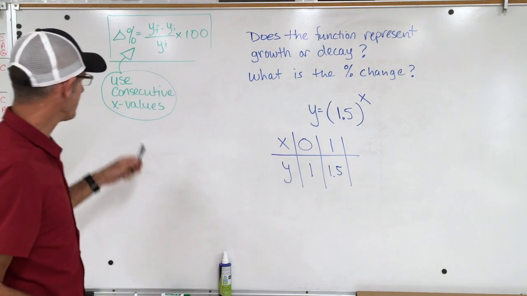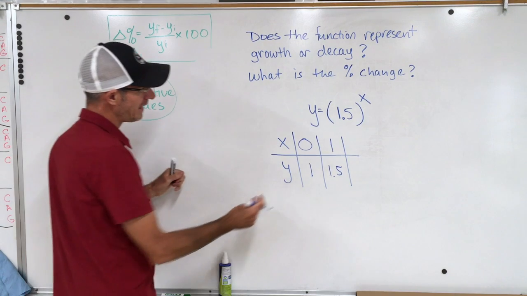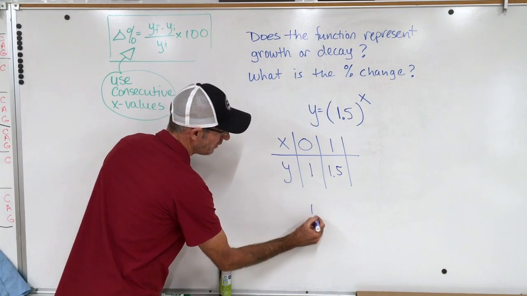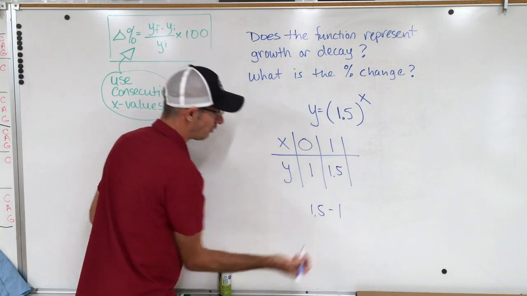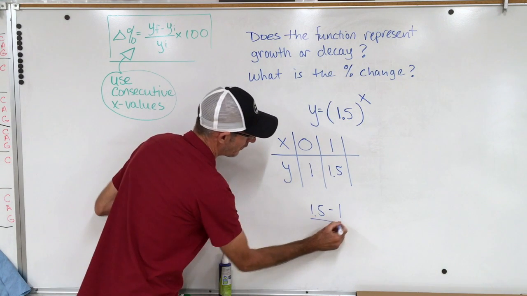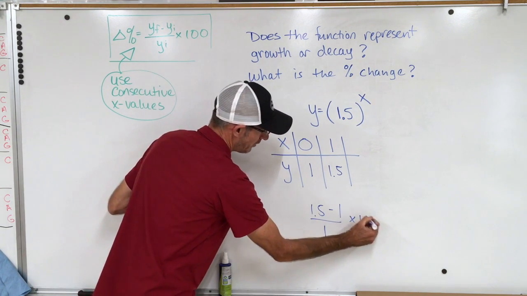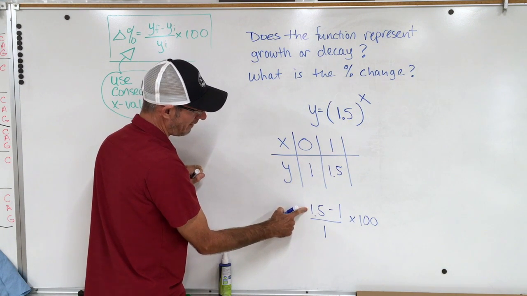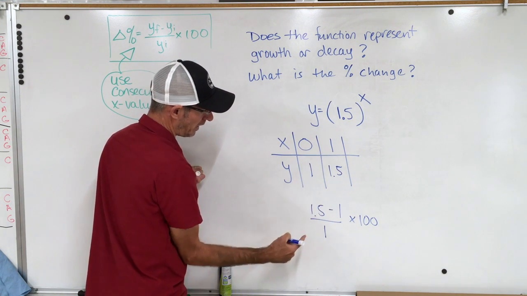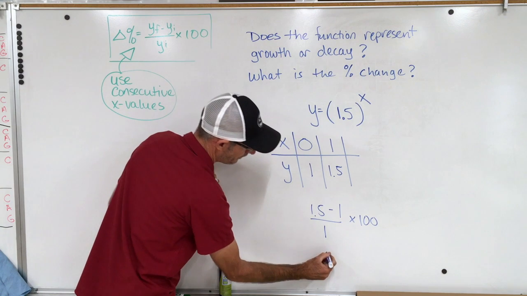So in order to calculate my percent change, I take my final value minus my initial value, over my initial value times 100. So 1.5 minus 1 is going to be 0.5.